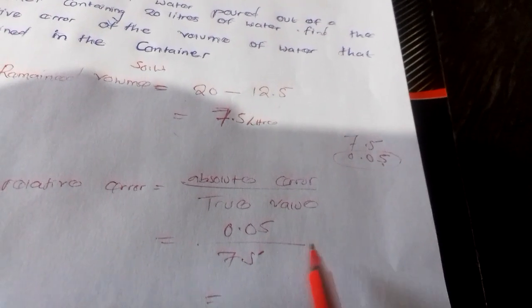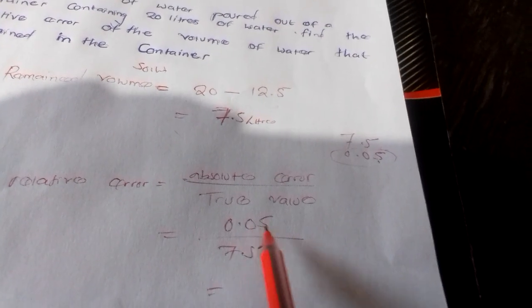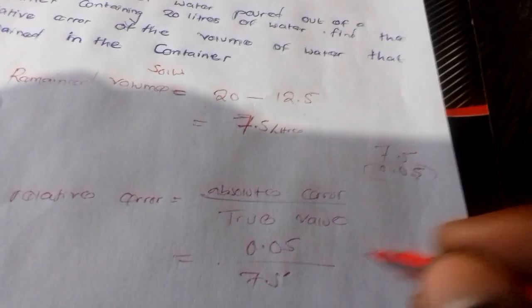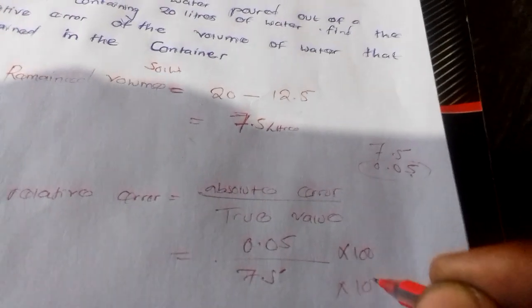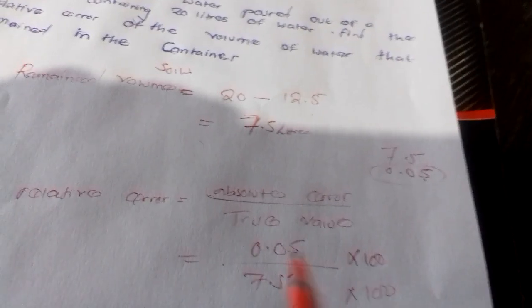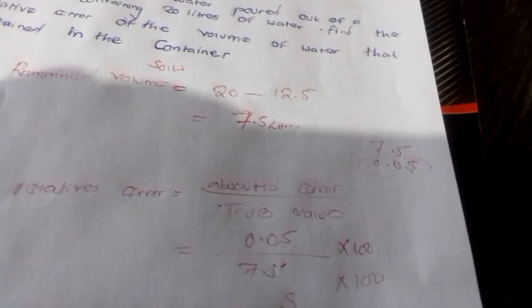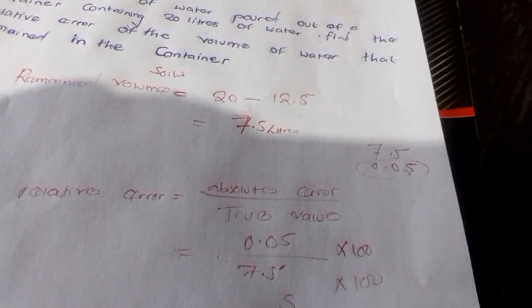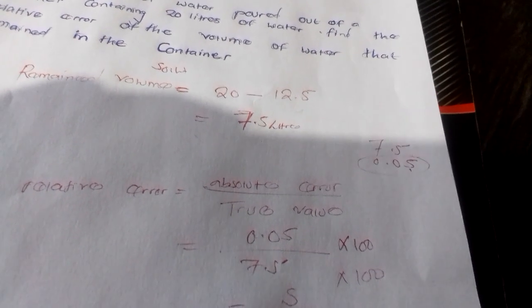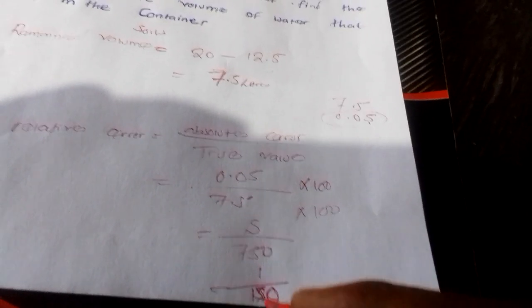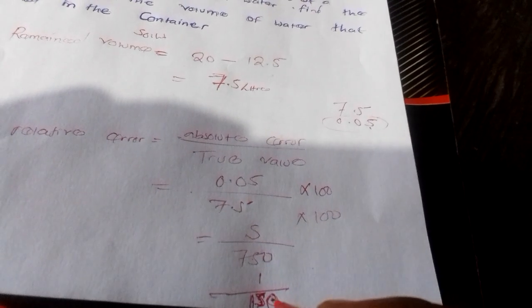So what you do is multiply the one which has the higher decimal places. The first one has higher decimal places, 1, 2. So we multiply both by 100, and it will be just 5 over 750. So 5 into 7 is 1, remainder 2. 5 into 25 is 5. So the answer was 1 over 50.